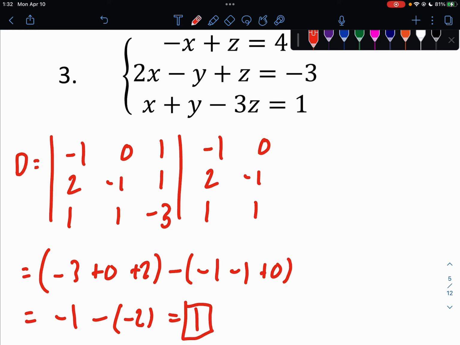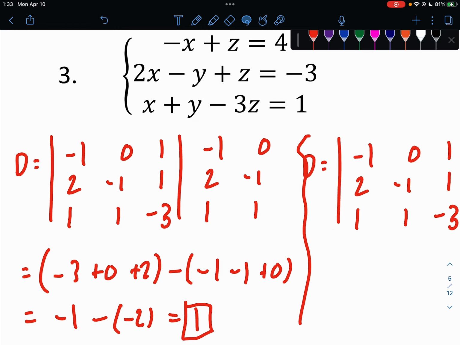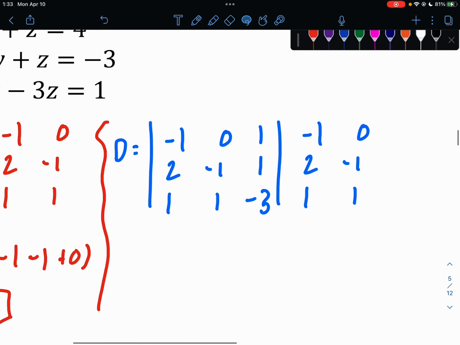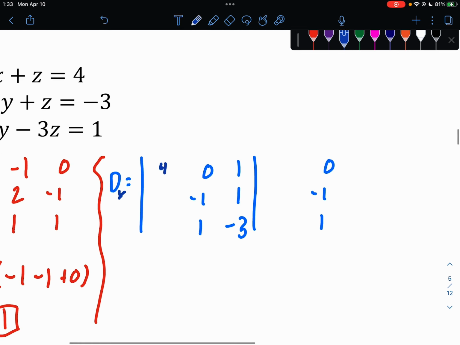All right, now do a little cheating here. Our dx matrix, we're simply going to take the x column and replace it with our answer column. So 4, -3, 1.